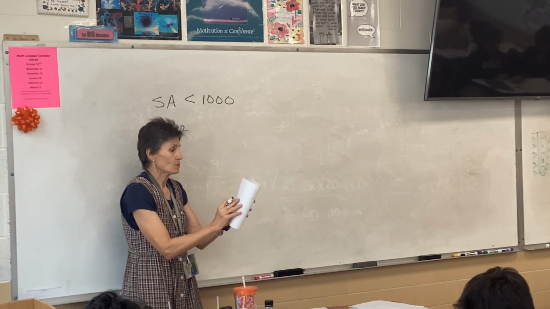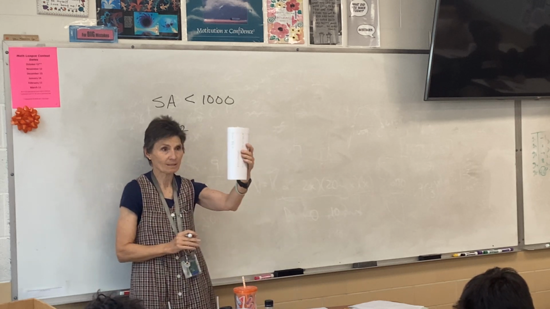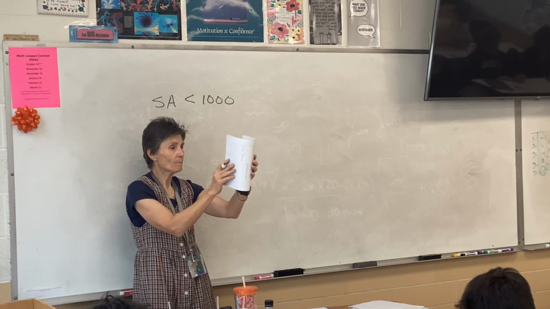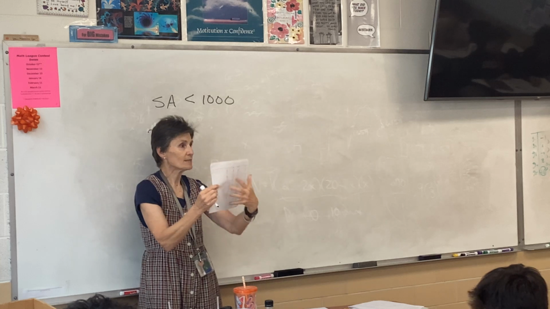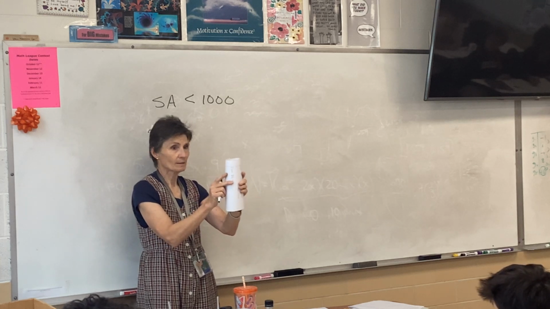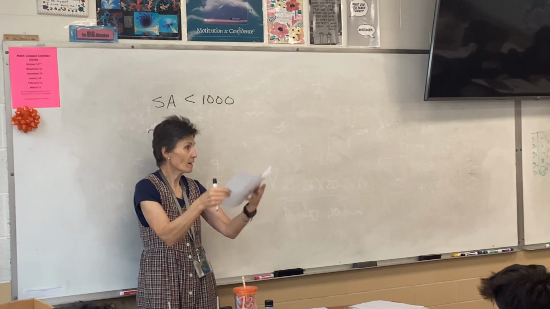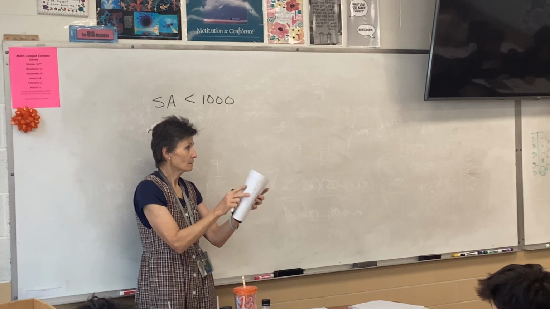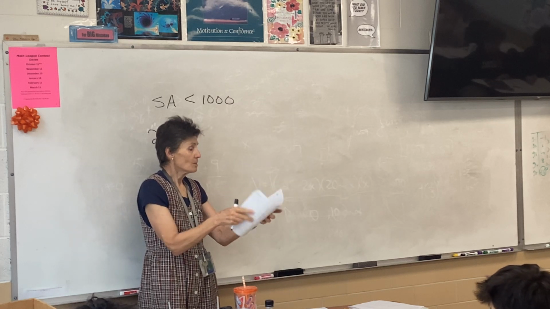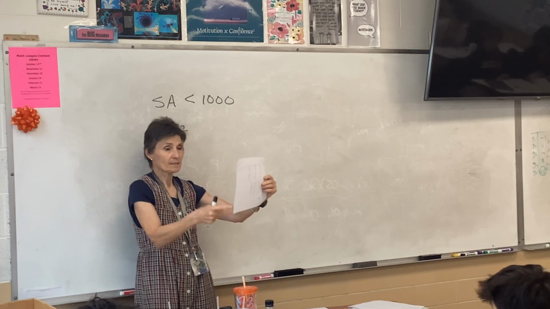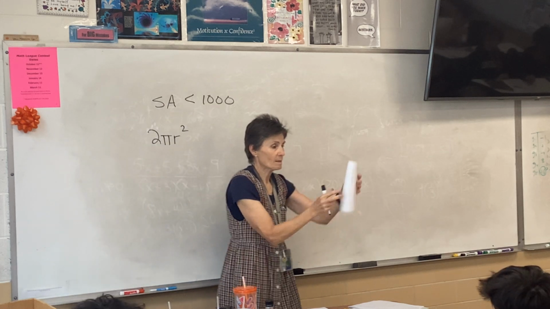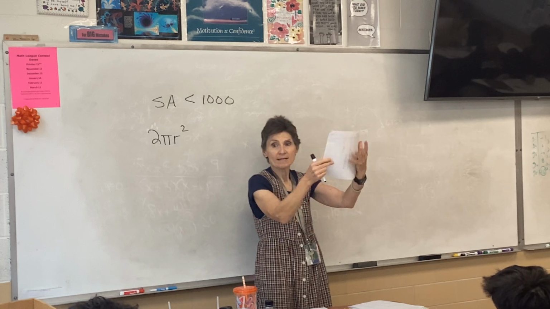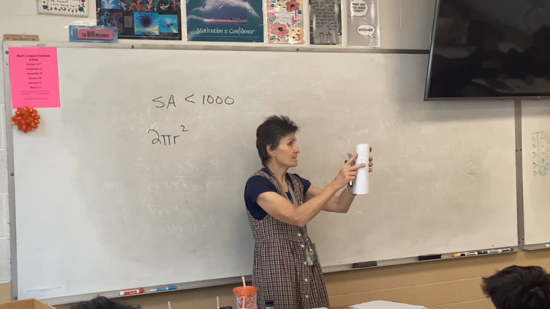Okay? So this is my cylinder. Look, if I open up the sides, like if I cut the cylinder, it's really just a rectangle, isn't it? The sides of the cylinder? So that will be this times this. Now look, what's the bottom of that? That's the circumference, isn't it?